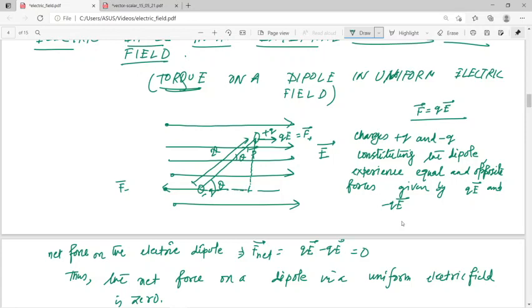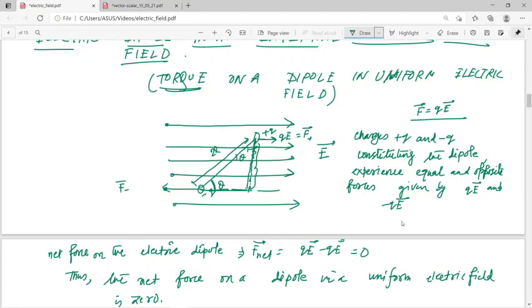So what should this perpendicular distance be? If we take this triangle, we have to find this perpendicular distance.